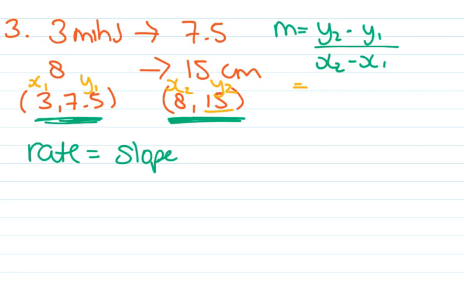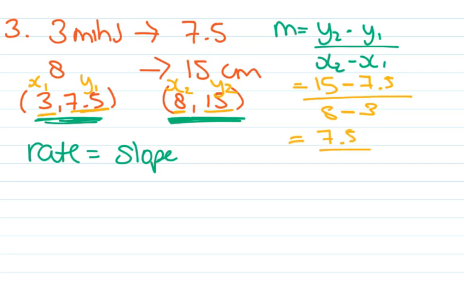So y2 is 15, minus y1 is 7.5, divided by x2 is 8, minus x1, which is 3. So 15 minus 7.5 is 7.5, divided by 8 minus 3 is 5, and 7.5 divided by 5 is 1.5.